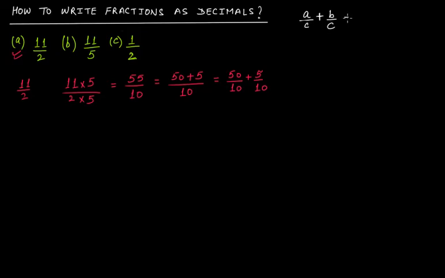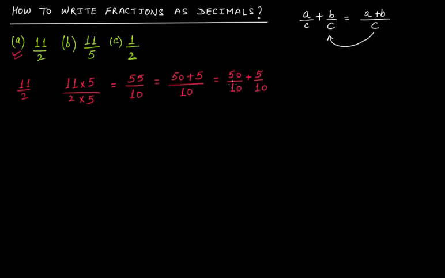So if you take the LCM of C and C, since both the denominators are the same, the LCM will obviously be C only. And this will be A plus B. In other terms, if A plus B over C is given to you, you can write it in the form of A over C plus B over C. That's what we have done here.